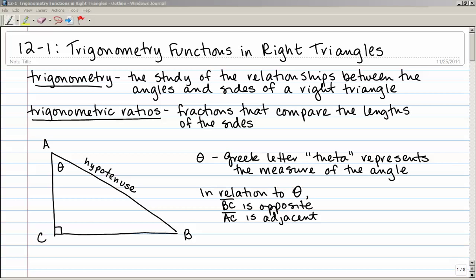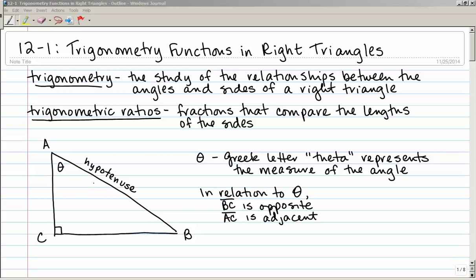So given right triangle ABC, we use the Greek letter theta, which looks like a zero or a circle with a line through it, to represent the measure of the angle. And in this case, theta is the measure of angle A. And remember, the hypotenuse of a right triangle is always the longest side, and it's the side that's directly opposite the right angle.